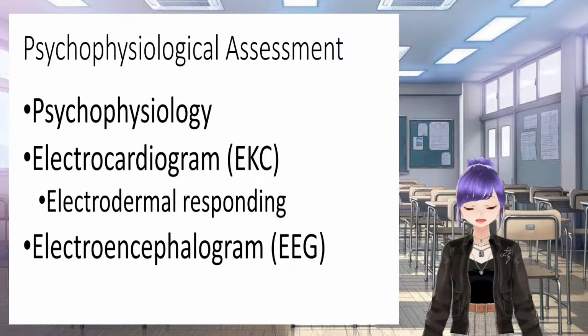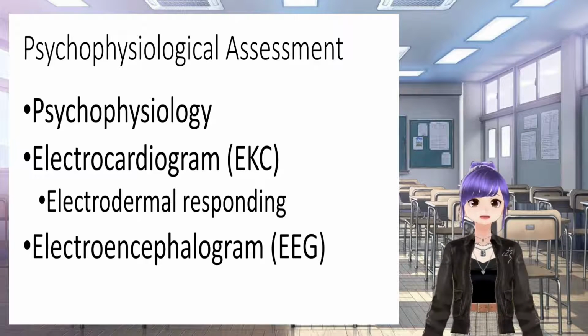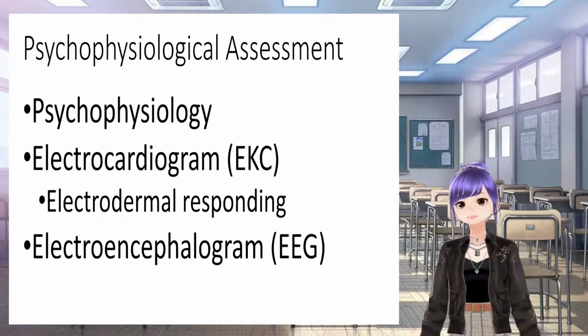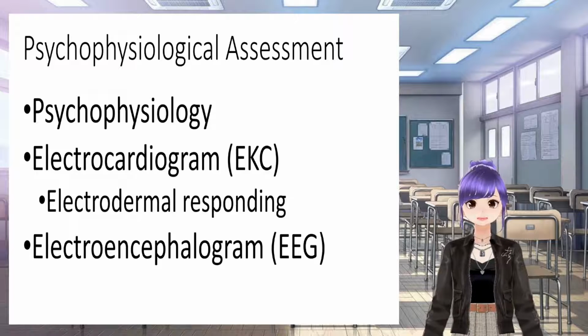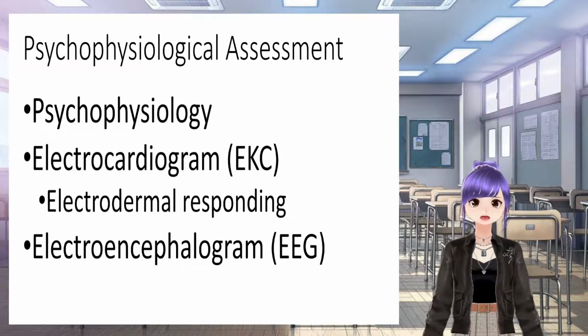So the neurobiological assessment, the neuropsychological assessment, and the psychophysiological assessment are looking more into the biological causes of mental disorders, the organic causes. When it comes to diagnosing, the first thing that the clinician needs to know is whether or not the symptoms or signs are organic.